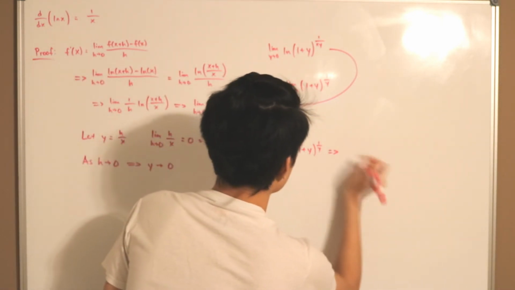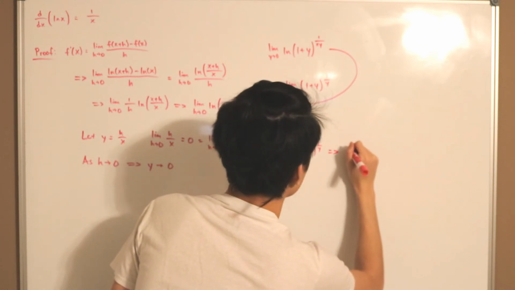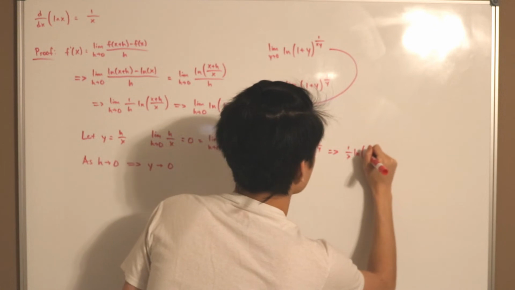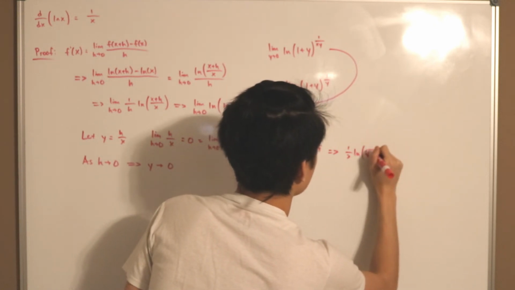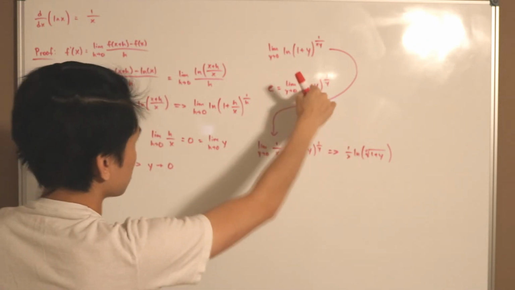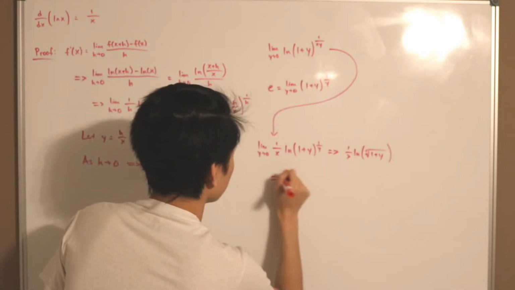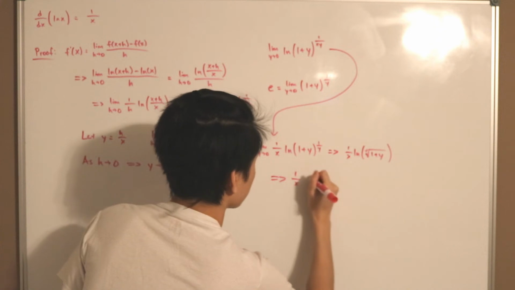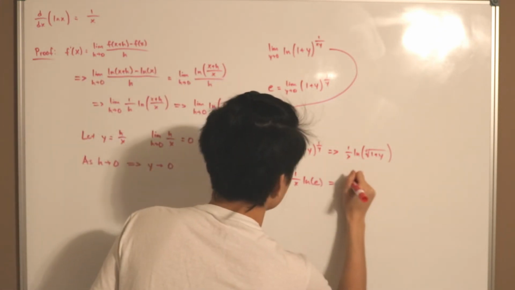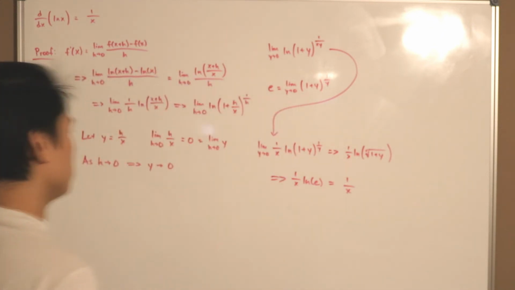If you want to be technical, I can write it this way: 1 over x of the natural log of the y root of 1 plus y, and this is actually equal to e, so 1 over x times ln of e, with ln of e being equal to 1, so it's just 1 over x.